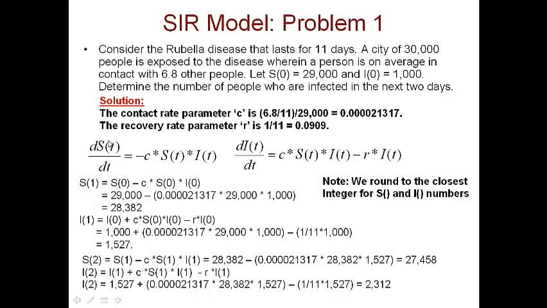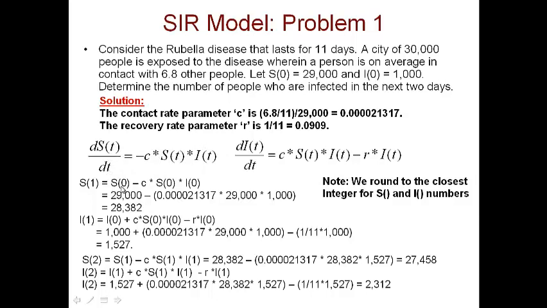Now the recovery rate parameter R is 1 over 11, which is this. So dS of t over dt is given by this equation, and dI of t is given by this equation.